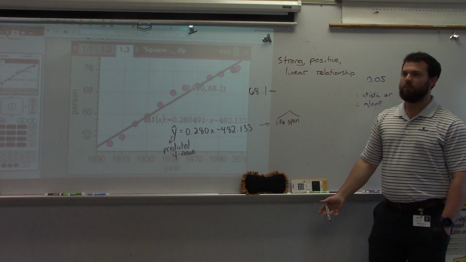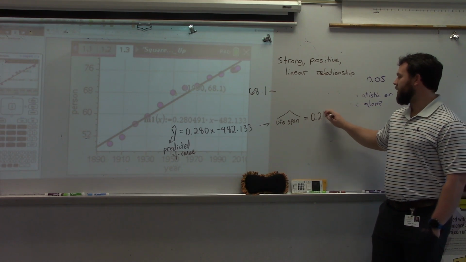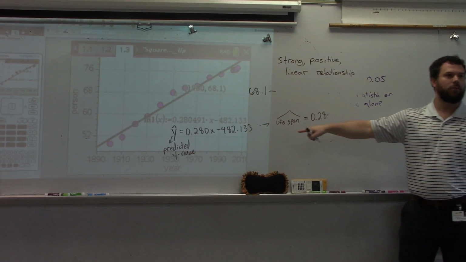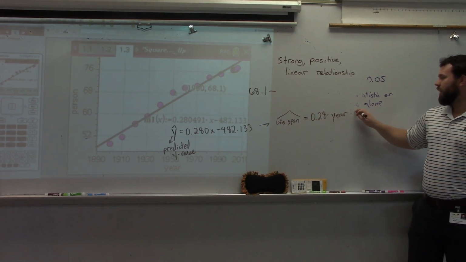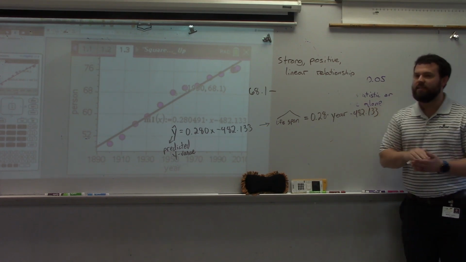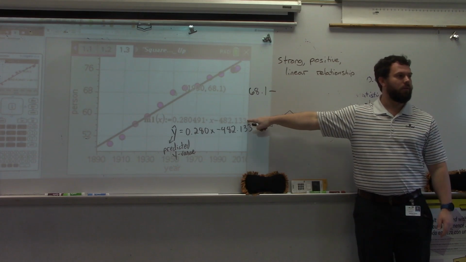What are we predicting the lifespan on? 0.28 times x, what is that x representing? The year, minus 482.133. Remember, in statistics, nothing is a random number. That's my y-intercept right here.